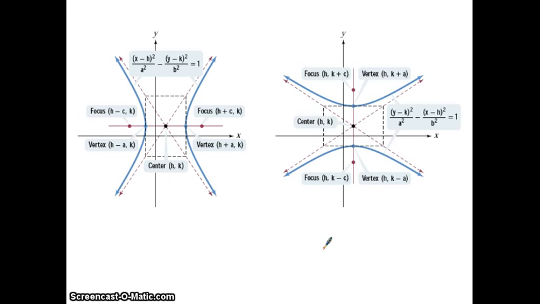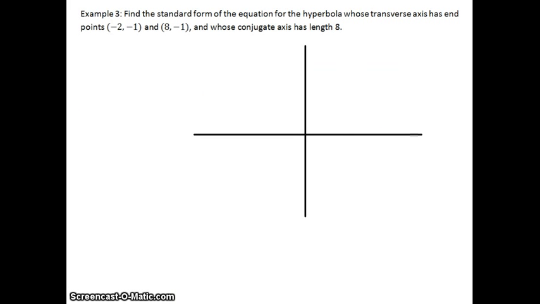And now, in order to find the focus, we need the center along with the c value. In order to find the vertex, we need the center along with the a value, and so forth. So let's go ahead and just get into this with a couple of problems here.